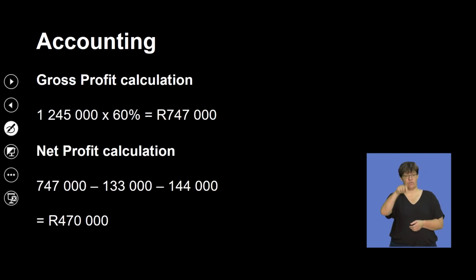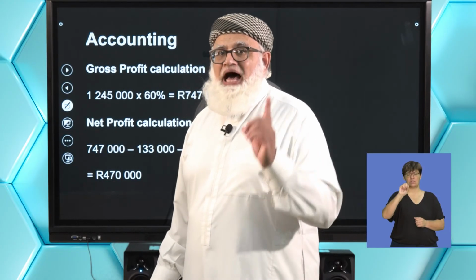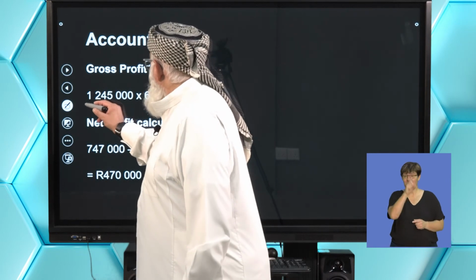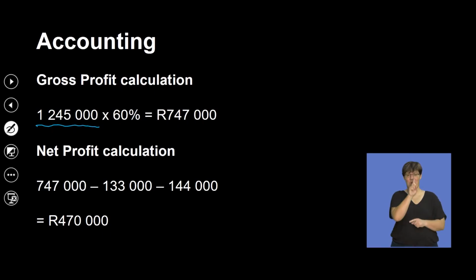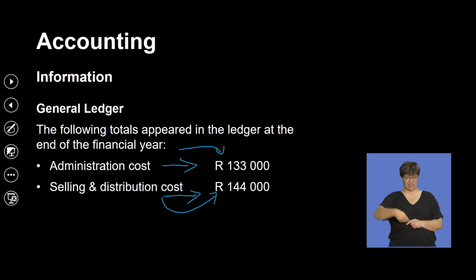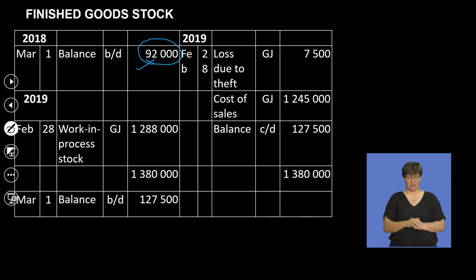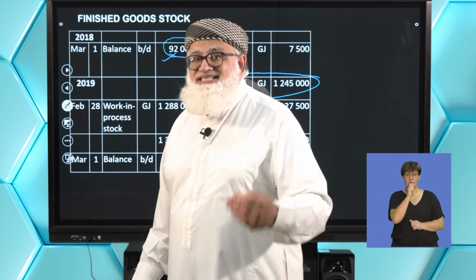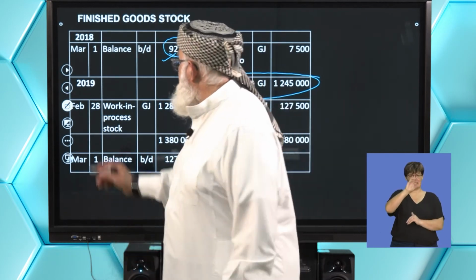But firstly, we have our gross profit, right? And how do we calculate our gross profit? Remember, we have our cost of sales of 1,245,000. Let's go back and see where we got that information from. There we go, our cost of sales was 1,245,000. You're using a markup of 60%, which is the given information.